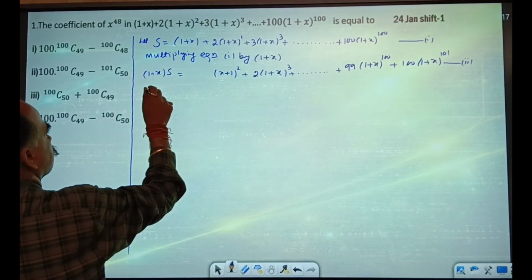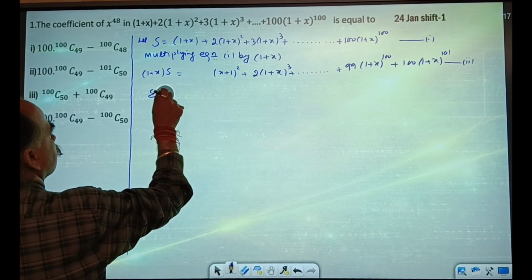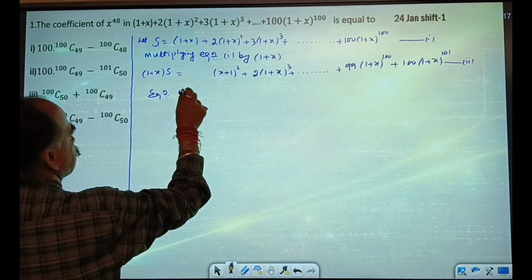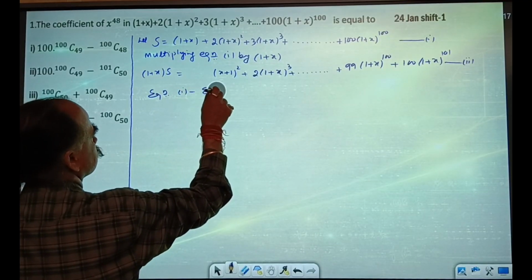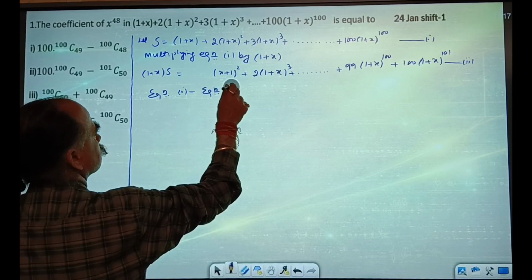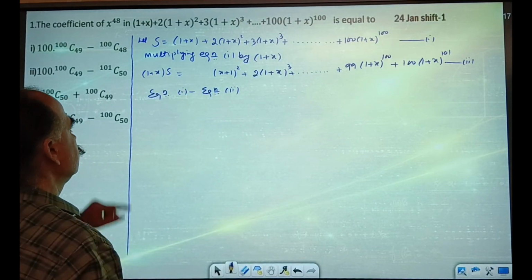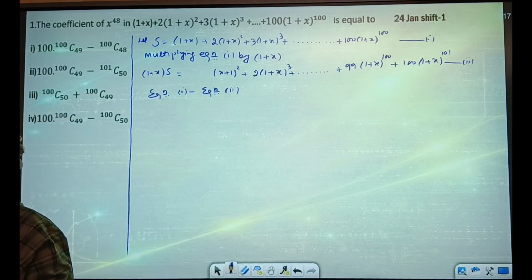Subtracting equation 1 minus equation 2 will give you 1 minus 1 plus x.